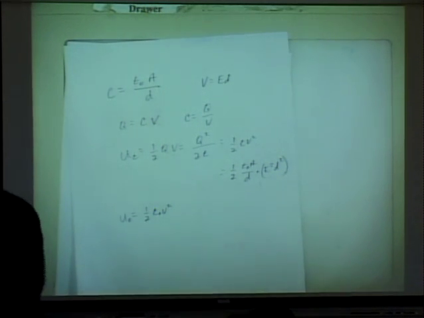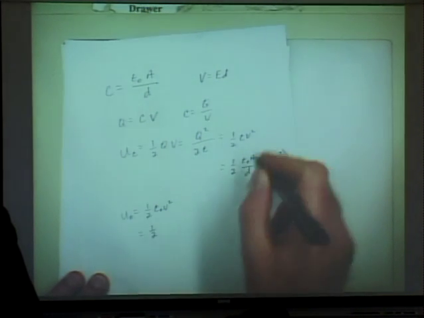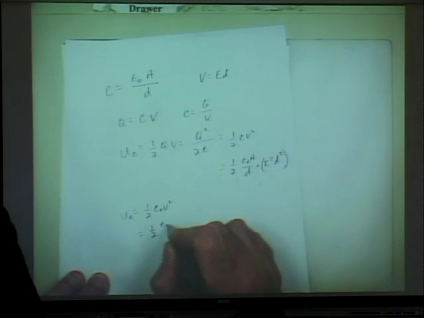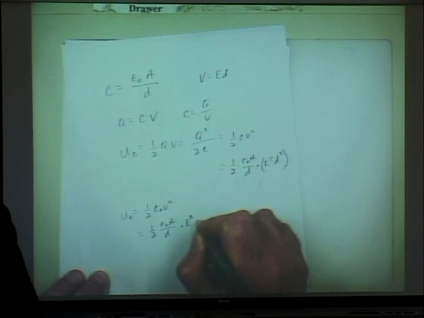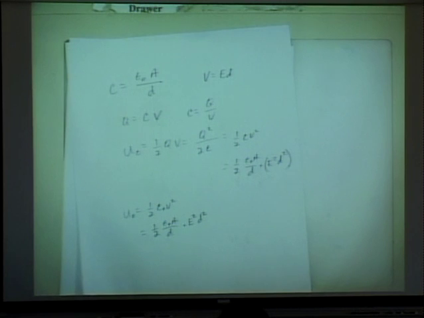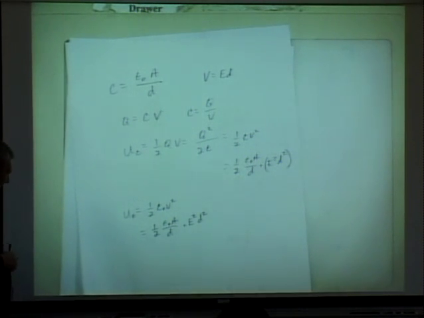All right, now what we have to do here is, okay, so U0 is 1/2, and I'm going to go ahead and use this epsilon naught times A over D times V squared. Now, I don't need to worry. Yes, I do.